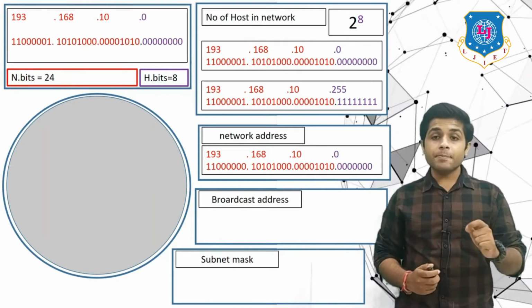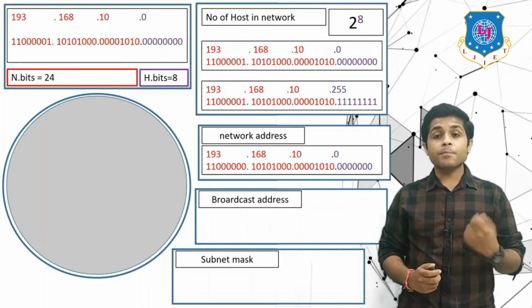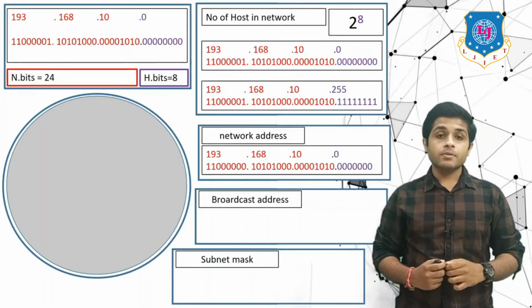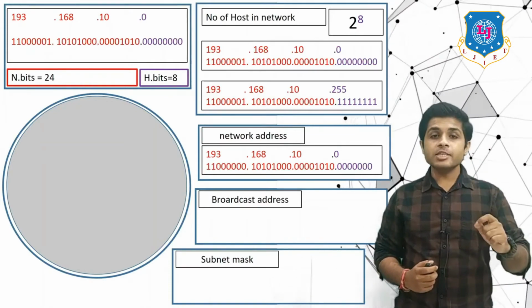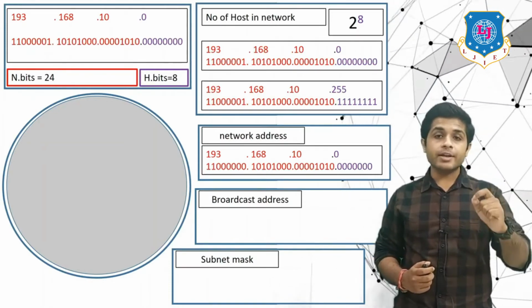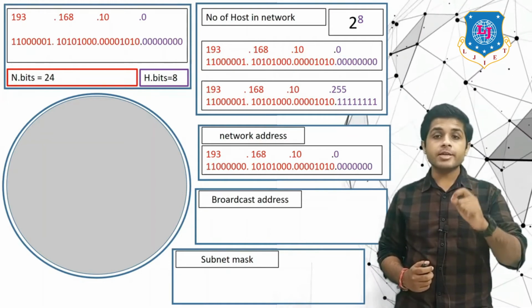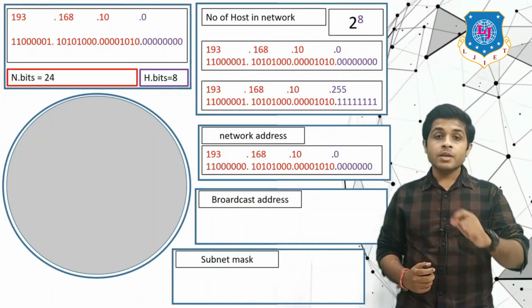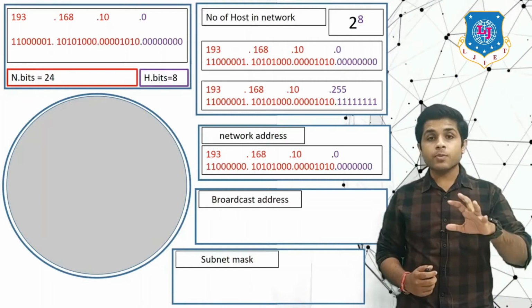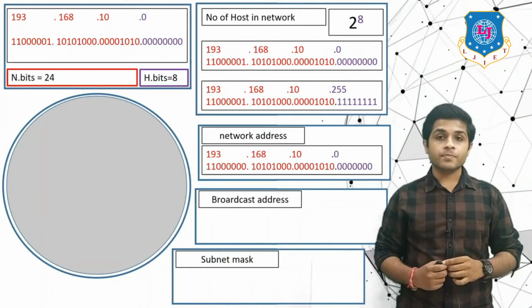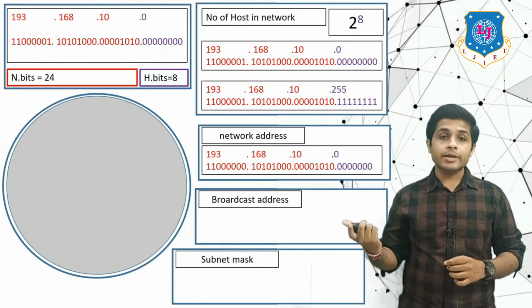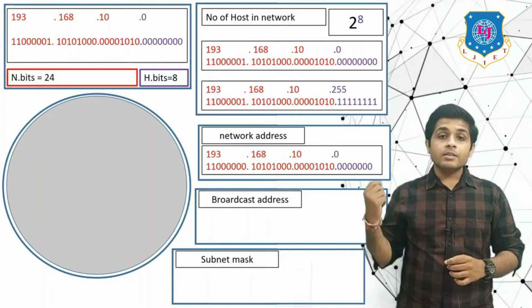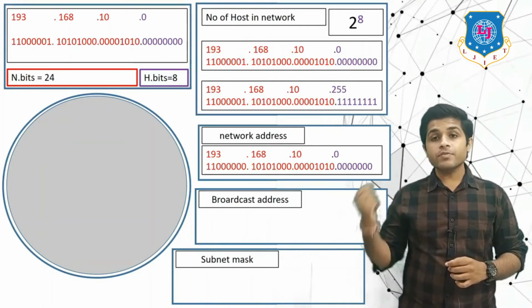And the last IP address is the broadcast address. Now what is the meaning of broadcast address? Any message sent to the address 193.168.10.255, all the devices in the network will receive the message. It means that any message which is sent to the last address of the network, all the devices in the network will receive the message.